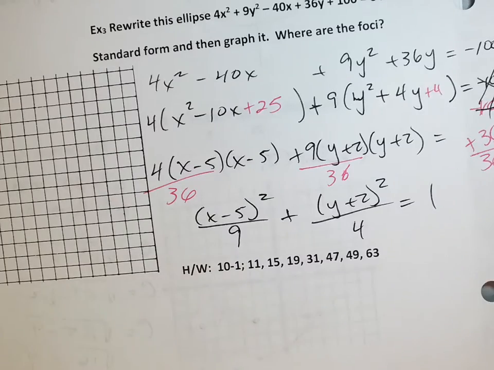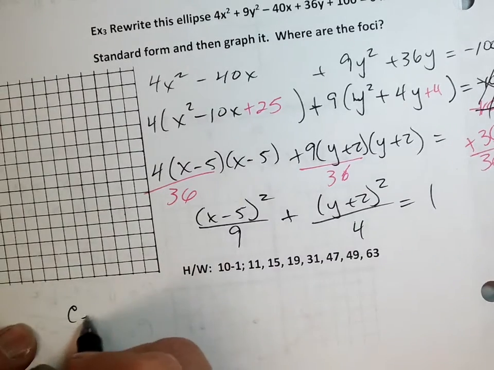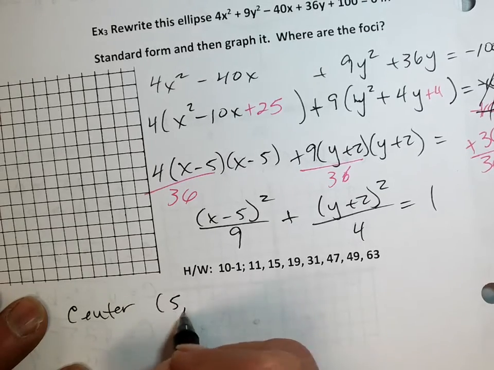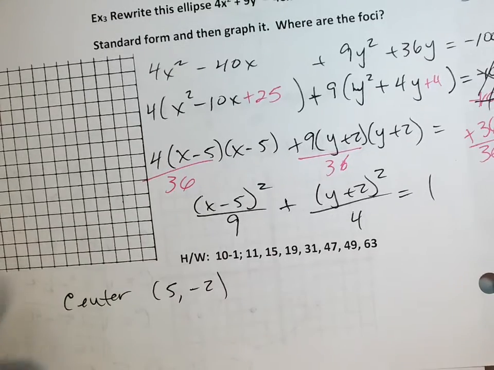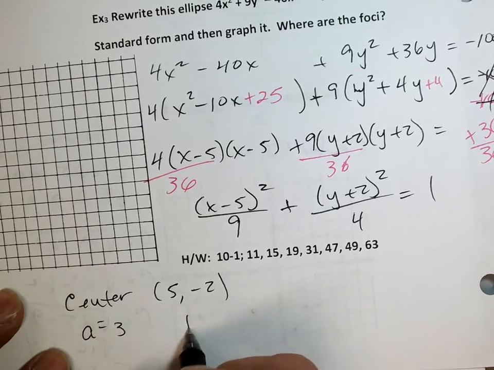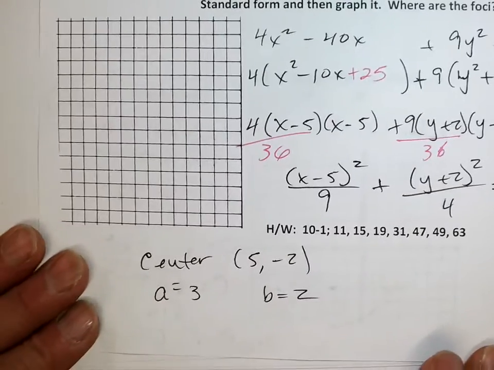Awesome! I can do it now. I know where the center is. My center is at 5, negative 2. My a is 3 and my b is 2.